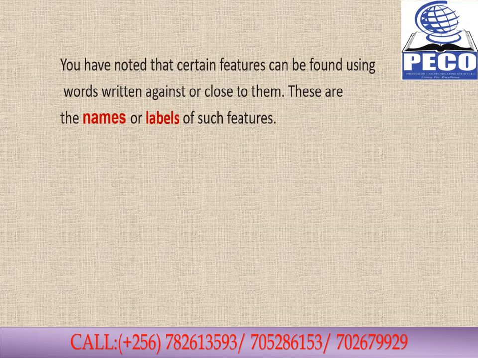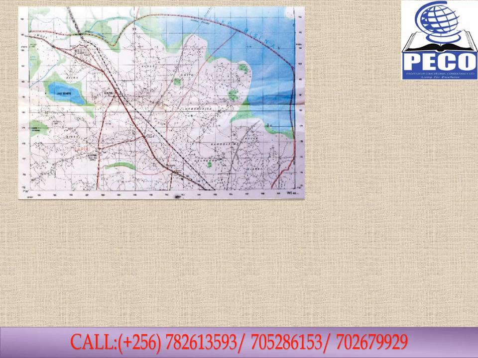Therefore, we can locate places, we can locate features on a map using the names or using the words which have been written against them, which we are calling the labels.